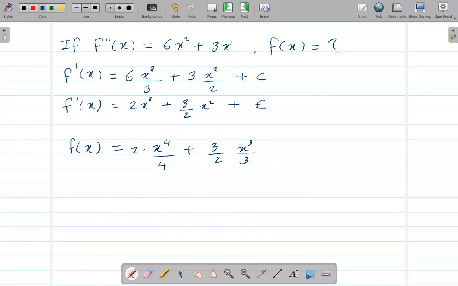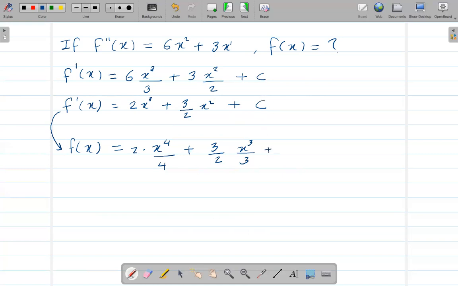And now after this, we are taking the antiderivative of this f prime. The antiderivative of f prime will be f of x. So we are taking the antiderivative of this whole thing, which means we need to take the antiderivative of this constant as well.